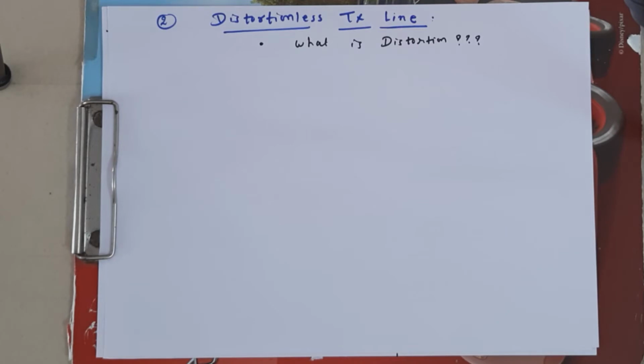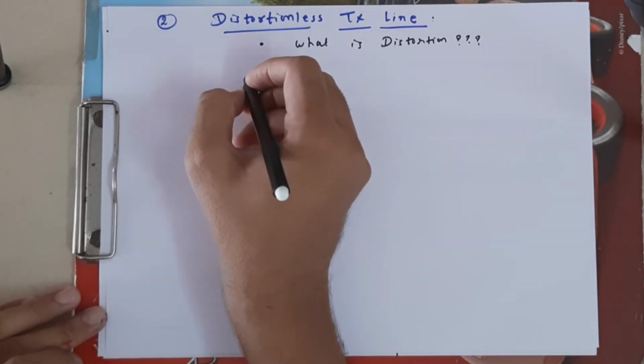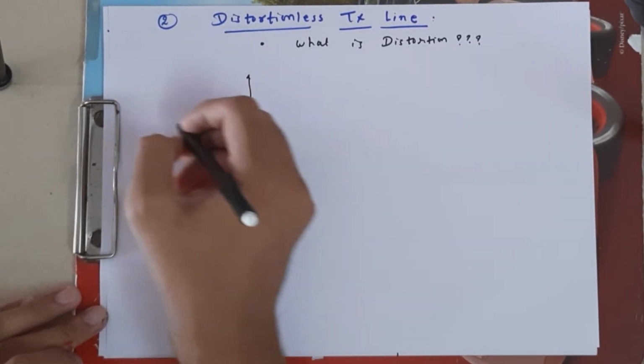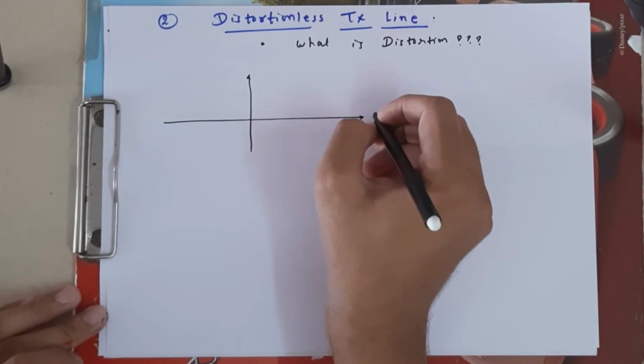We know that we have already studied one subject which is signals and systems. Okay, so we know that any type of signal consists of a band of frequency. Just take the example of a square wave, so you will get an easy idea.